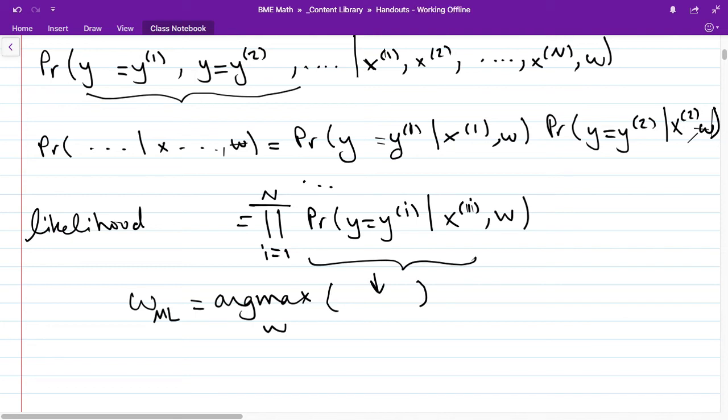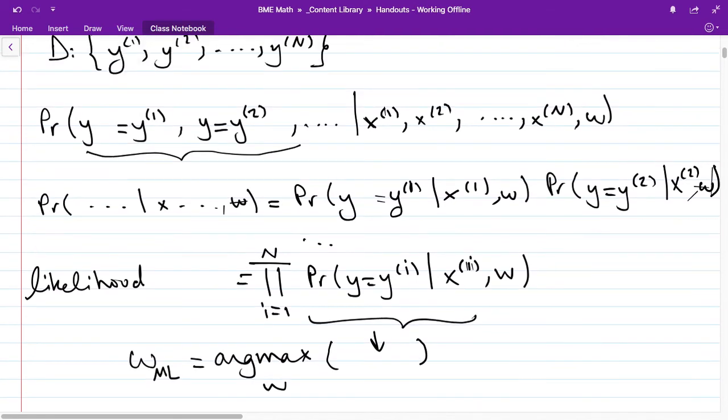So let me just summarize what we did. We said we want to write the probability of having observed this data. That probability can be written as the conditional probability that says, here's my data, here's my x's, here's my unknown w.